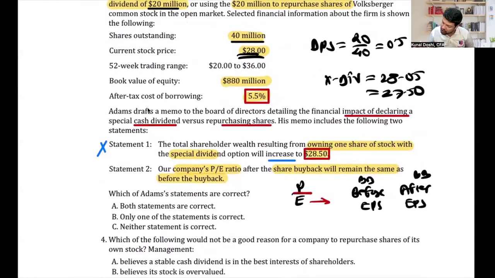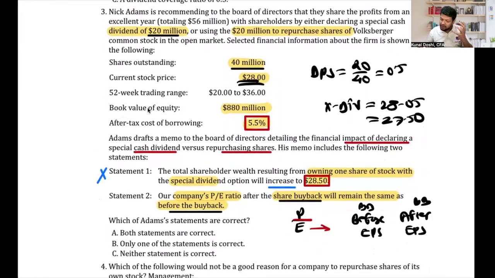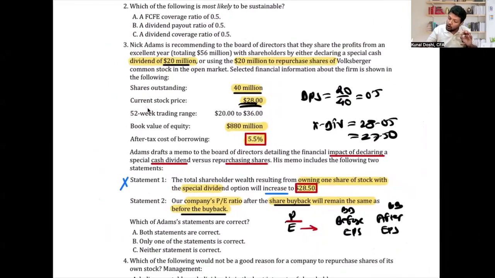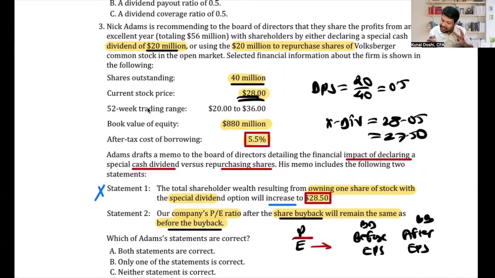Our company's PE ratio after the share buyback will remain the same as before the share buyback. Guys, here we have been given the cost of borrowing, but we now need to see the earnings yield. What are my earnings? Earnings were 56.